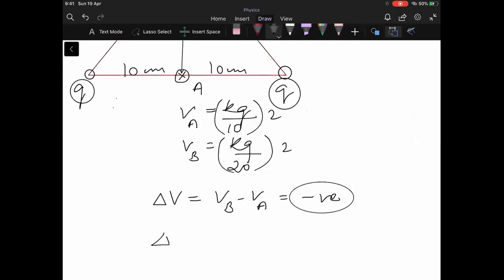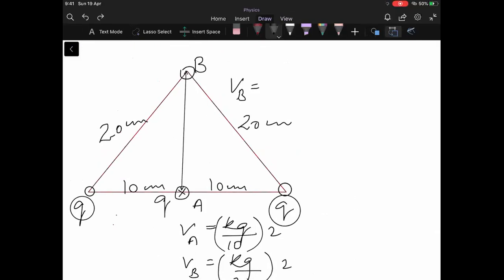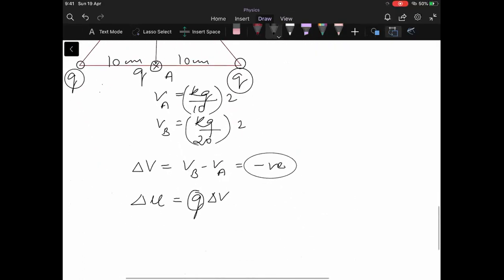So the relationship is delta U is equal to Q times delta V. What is this Q? The charge that has been moved from point A to point B. Now this charge Q is also the same as these two charges. Okay, now you can substitute the values and find the result. Is this clear now? Any doubts? You can raise hand now.